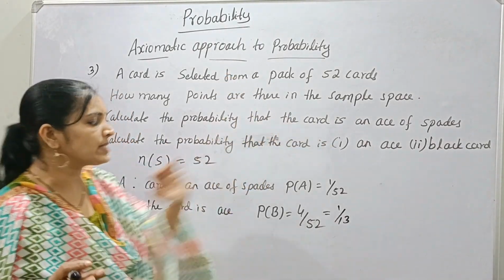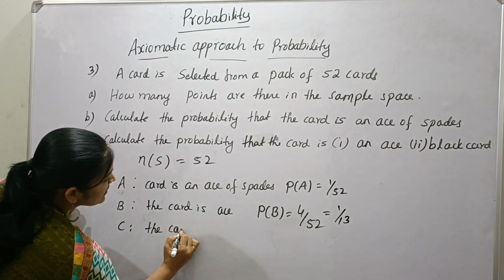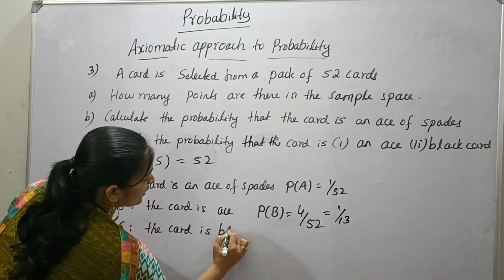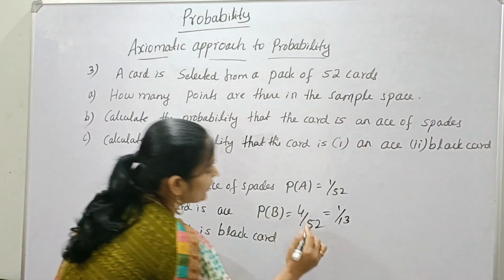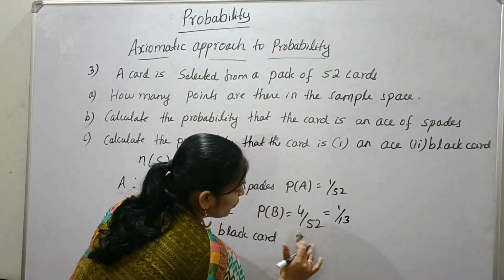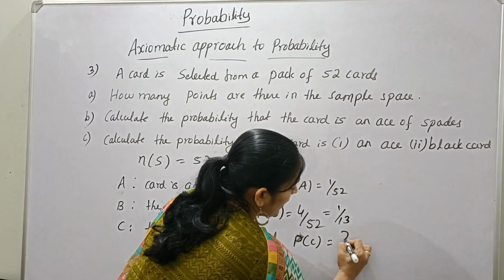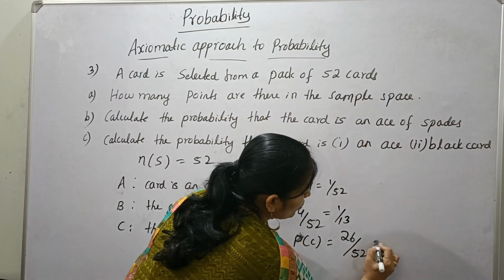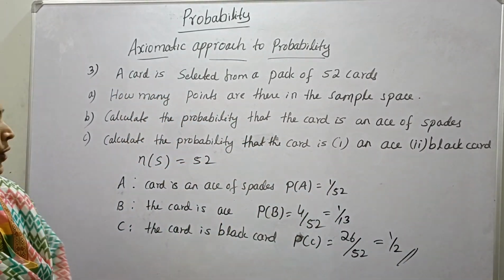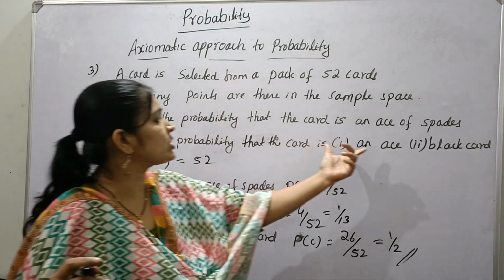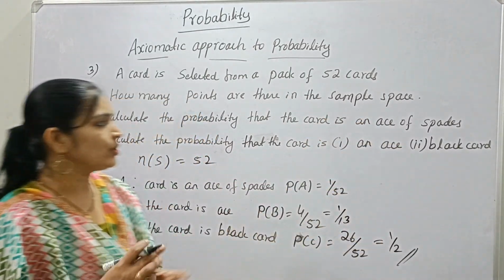The probability of this event is 26 out of 52, that is 1 by 2. So the first question's answer is 1 by 13, and the second one is 1 by 2.